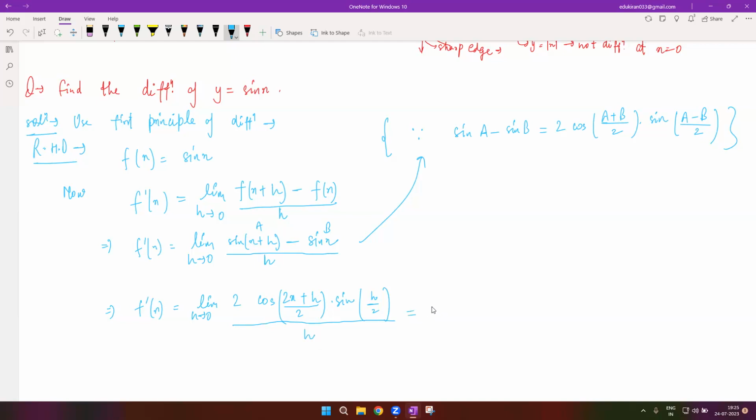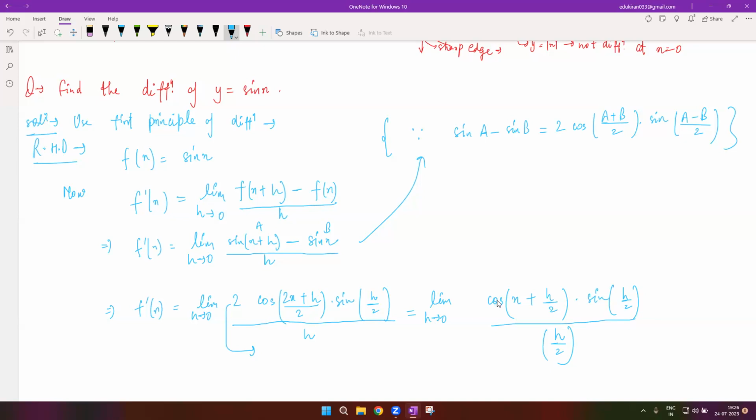You can further simplify this as limit h tends to 0, and this you can write as cos of, divide everything by 2, so 2x by 2 is x, plus h by 2, into sine of h by 2 divided by h, and there is a 2 here, right? So if I take this 2 into the denominator, this becomes h by 2. We can also write it like this. I mean, this 2 will only go to the numerator part.